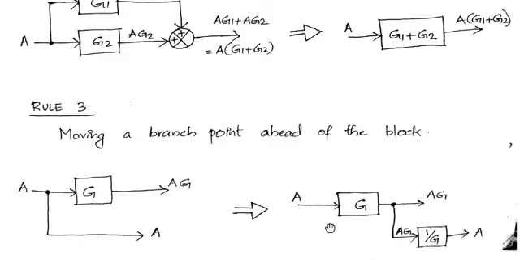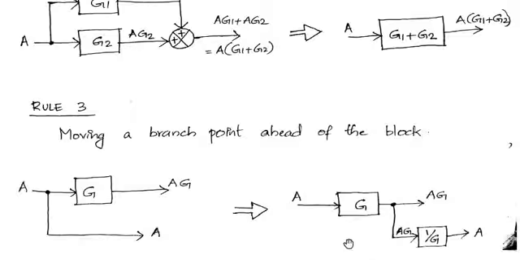But right now, after shifting the branch point, this point is at the output of block G. So obviously the signal that we get over here will be this A into G. But actually what should I get? I should get A. So now I will think how to get the actual signal A from AG.